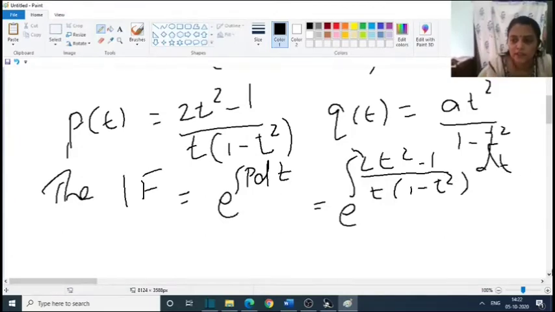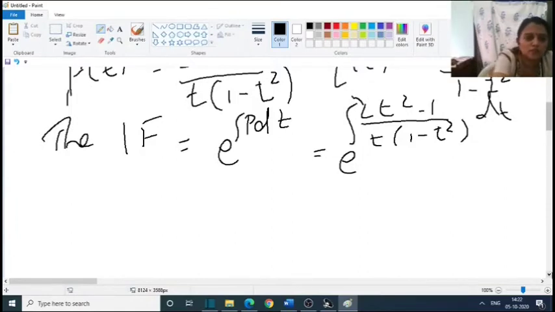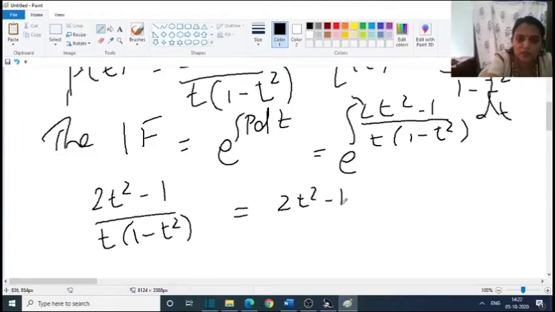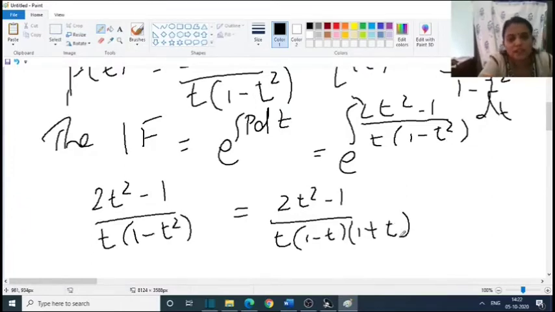So we have to find the integral first. For that, 2t square minus 1 by t into 1 minus t square, we can partial fraction as 2t square minus 1 by t into 1 minus t into 1 plus t. The denominator 1 minus t square is 1 plus t into 1 minus t.